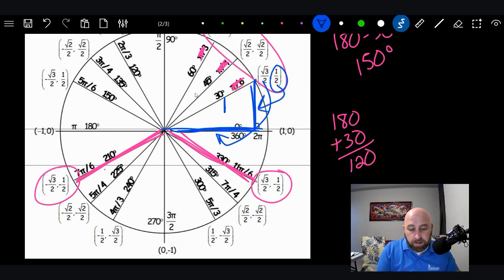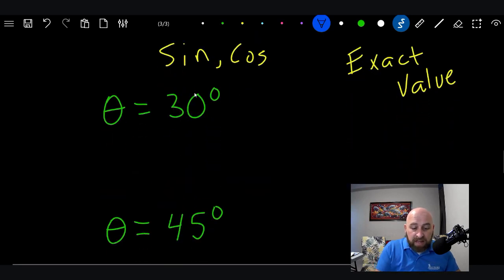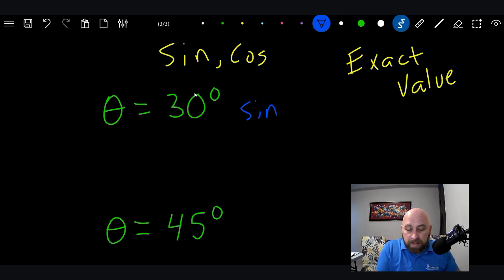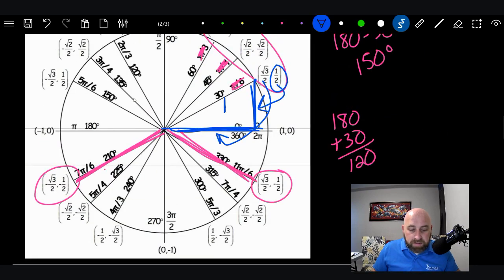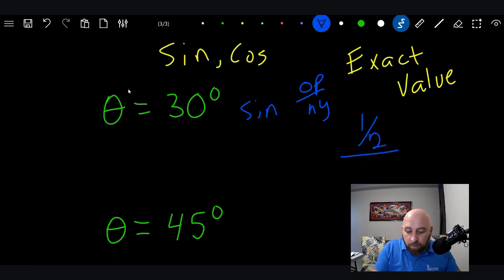If we want to do sine, what is sine? Sine equals the opposite over the hypotenuse. So what is the opposite? The opposite is 1/2. So we would do 1/2 over 1. What's 1/2 over 1? It equals 0.5. I would leave it as 1/2 because it wants the exact value.